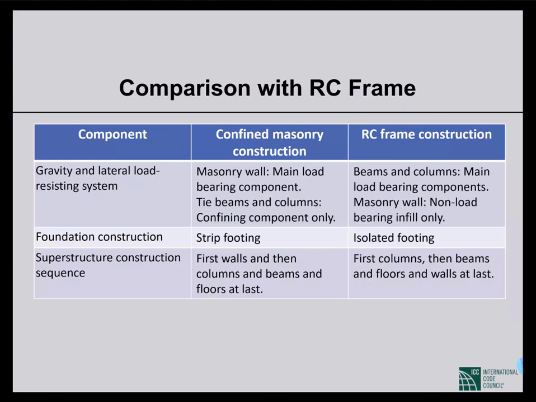For RC frame, we construct the foundation and then column and then beam and slab, and later we make the walls. In confined masonry, after construction of the foundation, we have the reinforcement from the foundation for the columns, but we make the walls first and later we pour concrete of the columns.